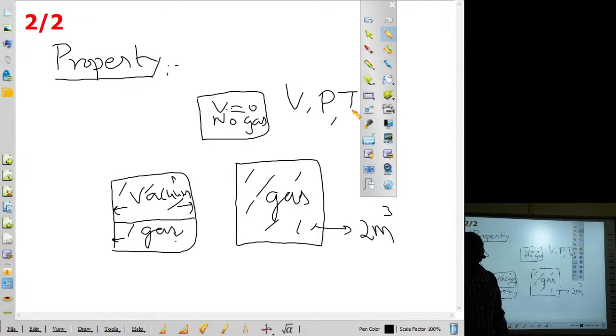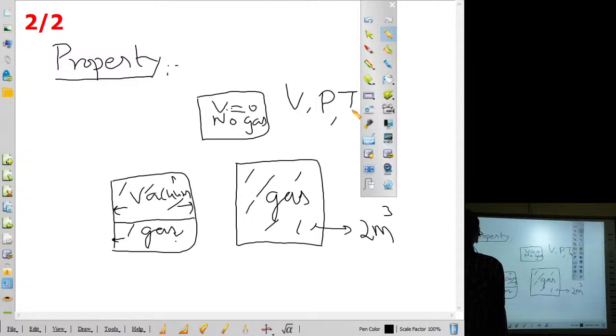Because pressure is there, volume is there, relationship is also there. So other properties are derived from this. But for this, we don't have any other simplification. Without any simplification, we are having this. So this is the base. This is the fundamental. That is why pressure, volume and temperature are called the fundamental properties of the gas.